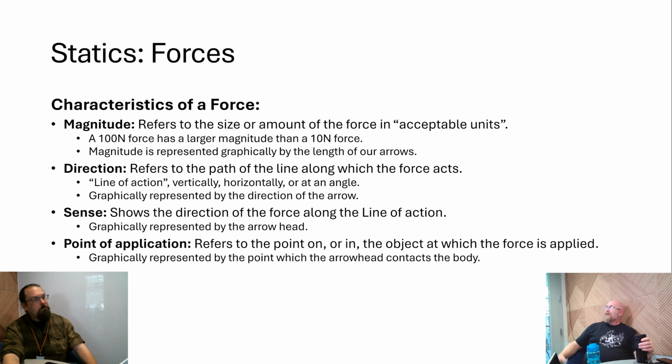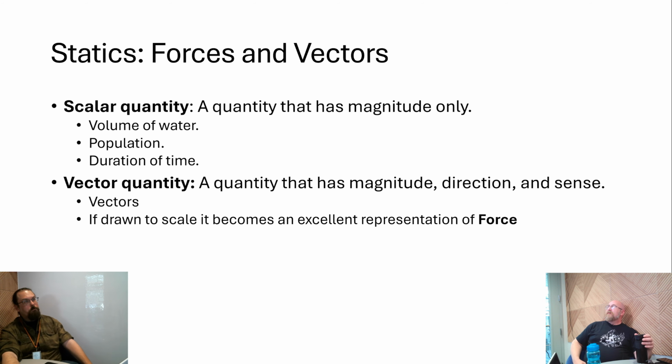All right. So there are two different types of things that we're going to be working with here. There are scalar quantities, and that's a quantity that has a magnitude only. When we use it in statics, we're often talking about what it is in the x direction and what it is in the y direction, so that actually separates out the directionality of it.